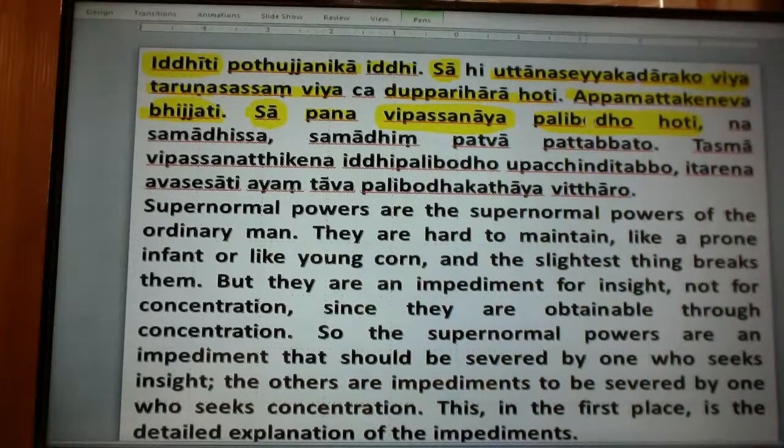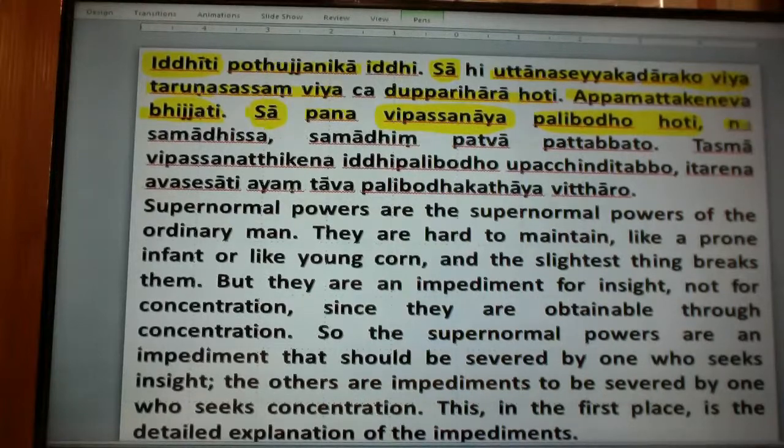All the time one has to protect the supernormal power. One puts great effort into protecting it, with no time to practice insight meditation, vipassana. That's why.